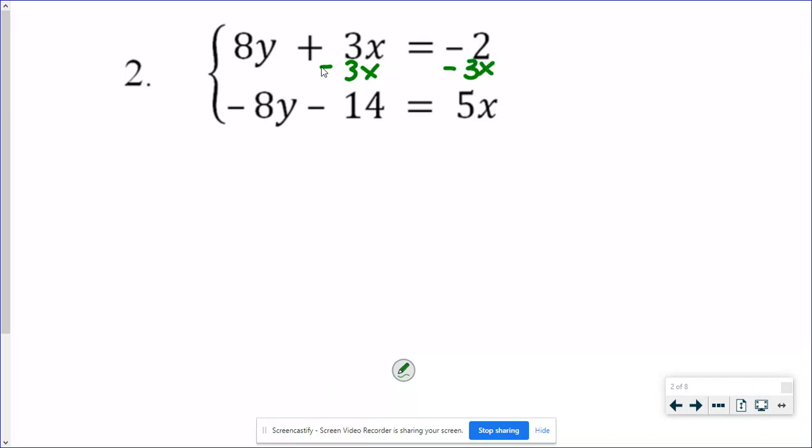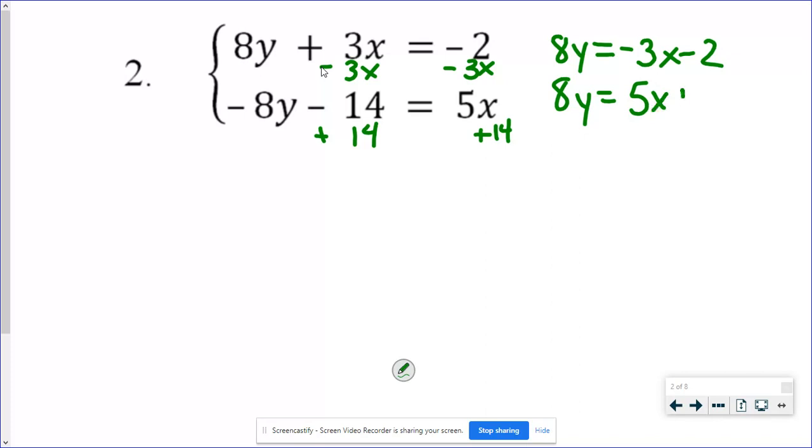So this top equation would turn into 8y equals, now remember, the negative 2 and the negative 3x don't match. So we're going to have negative 3x minus 2. And in the second equation, let's move the 14. I know that this means that we're changing both equations instead of just changing one of the equations, but it's an option that you have because it's still going to get everything lined up the way we wanted it to.